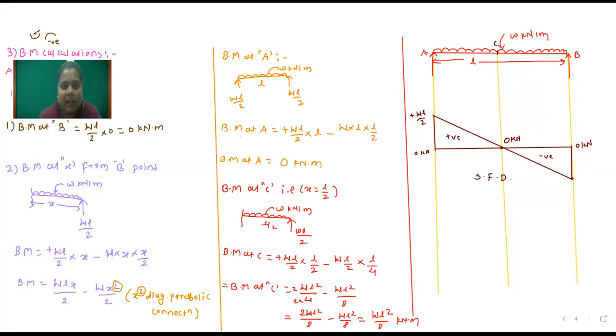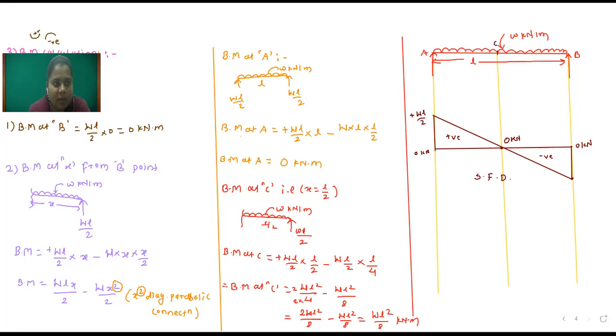Then next we will draw the bending moment diagram. The bending moment calculations are available here. First I will draw the baseline. This is our baseline. Bending moment at A point, you observe here, is 0.